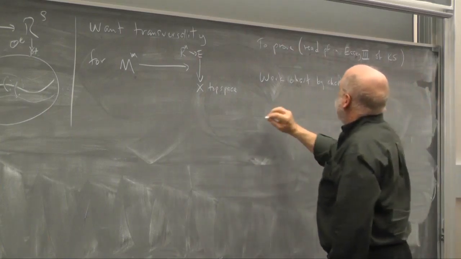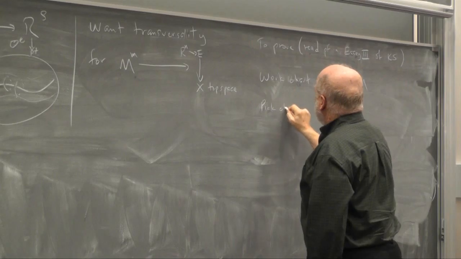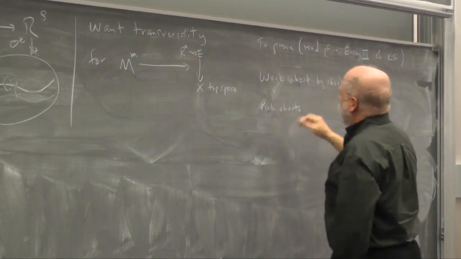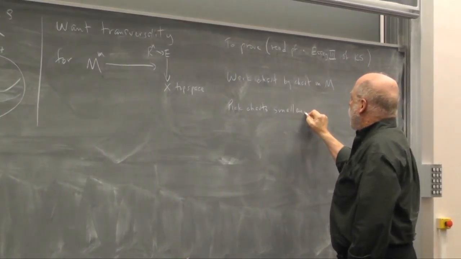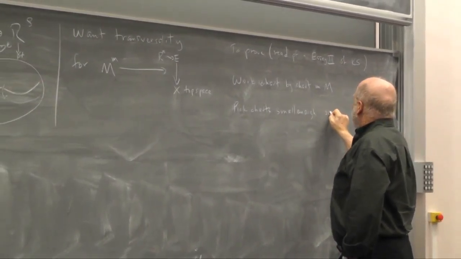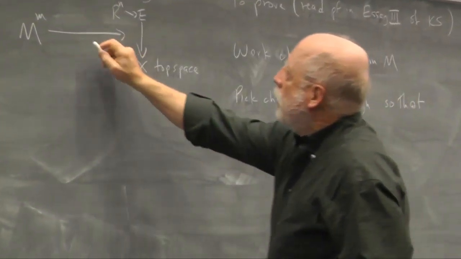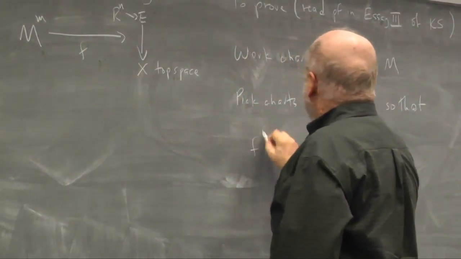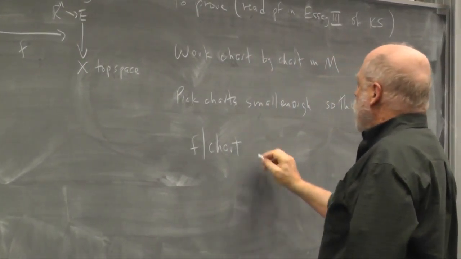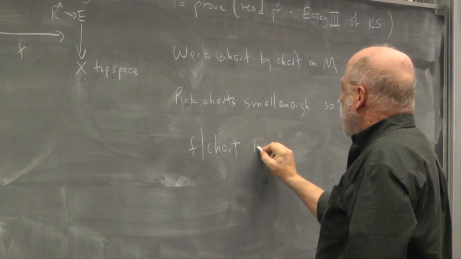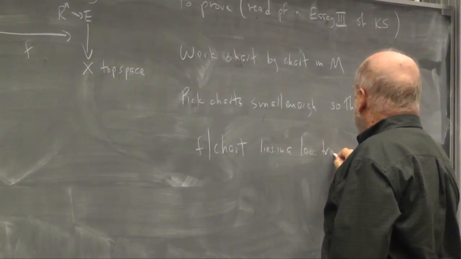So you pick charts, you subdivide, pick refinements, pick charts small enough so that the map F restricted to a chart lies in a local trivialization of this bundle.